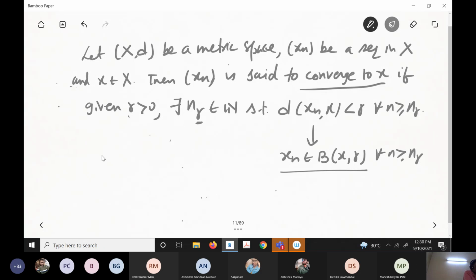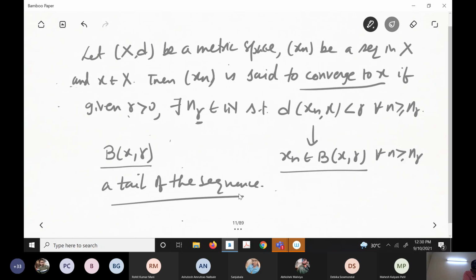Given r greater than 0 means you are choosing any neighborhood of x, and that will contain a tail of the sequence. The tail of the sequence means after a while everything is there. That is the meaning of convergence.